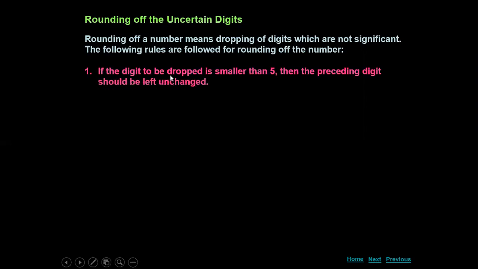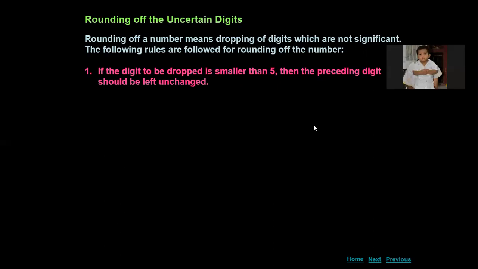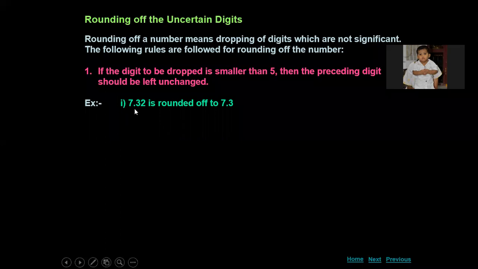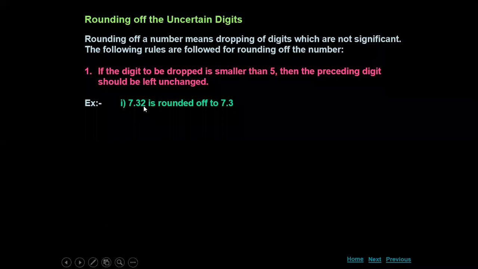See, if the digit to be dropped is smaller than 5, then the preceding digit should be left unchanged. See how exactly it is. We have a number 7.32. I want to round off to 2 digits only. For that, this 2 has to be dropped.